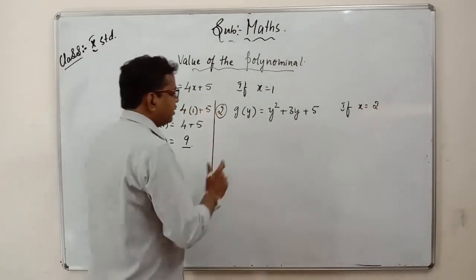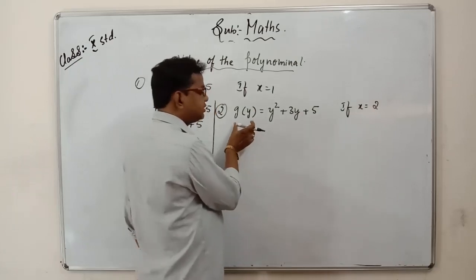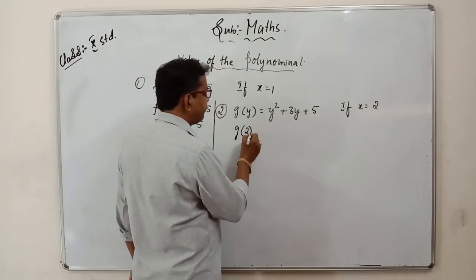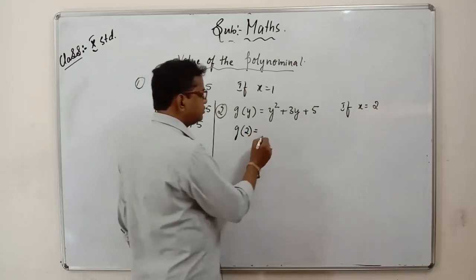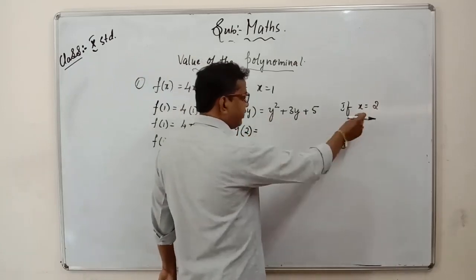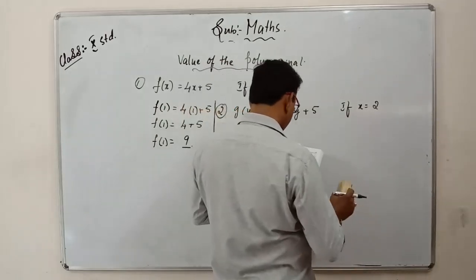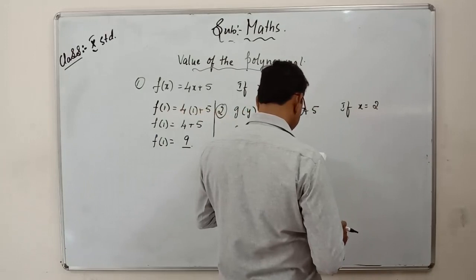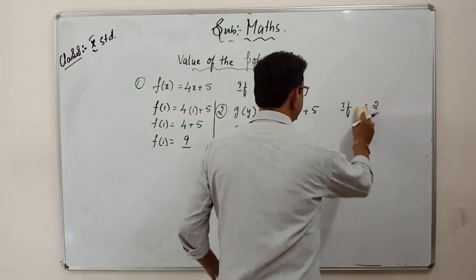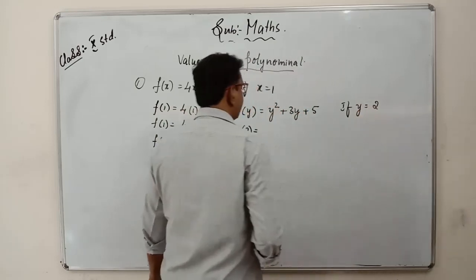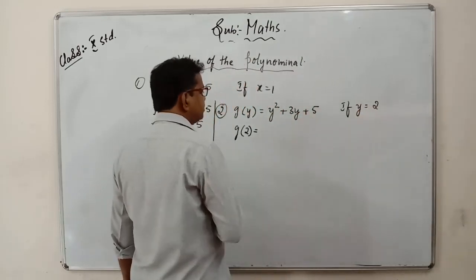Now the polynomial g of y changes to g of 2. What is the value of y here? We are given the value of y equals to 2.